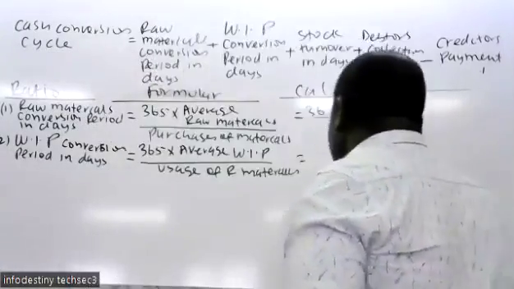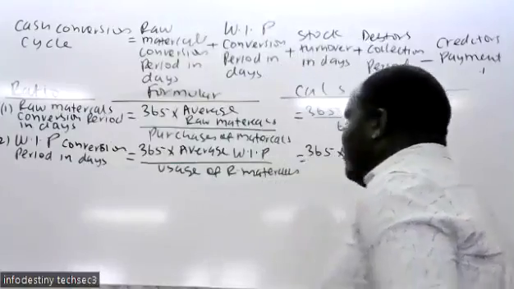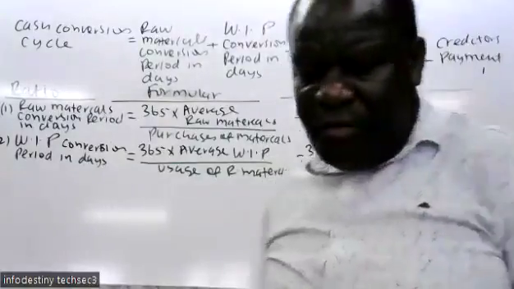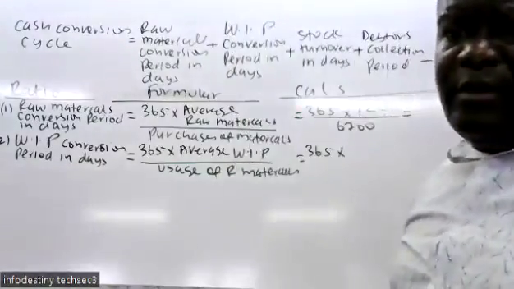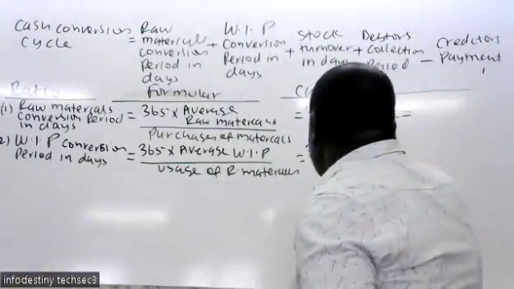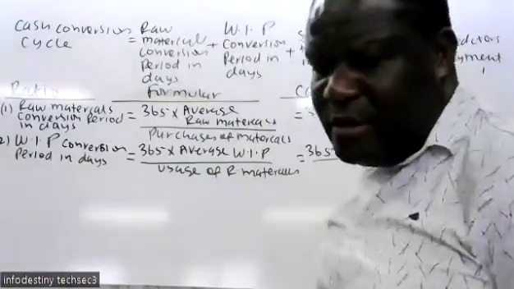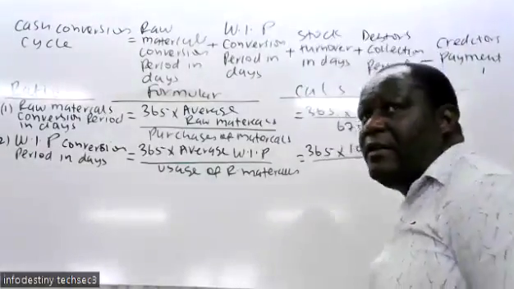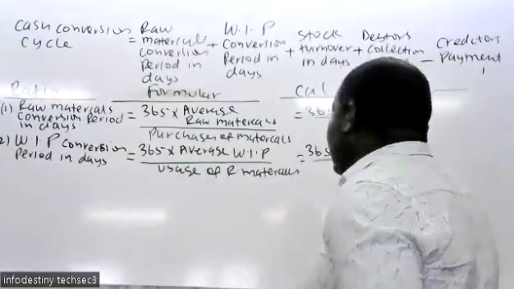So you also take 365 days multiplied by the average stock of the work in progress. Work in progress, I gave you 1,000, so multiplied by 1,000. Usage of the raw materials, I gave you 6,500. So divide by 6,500.